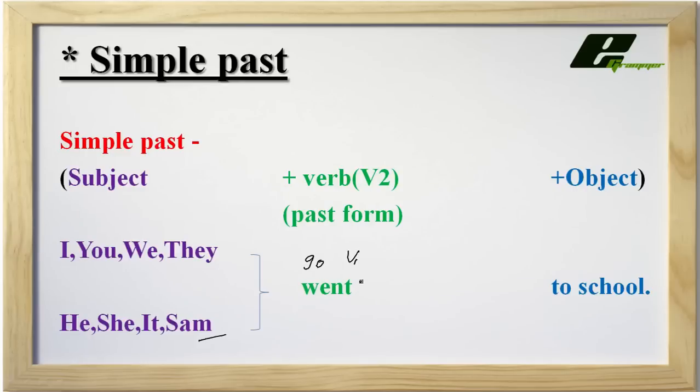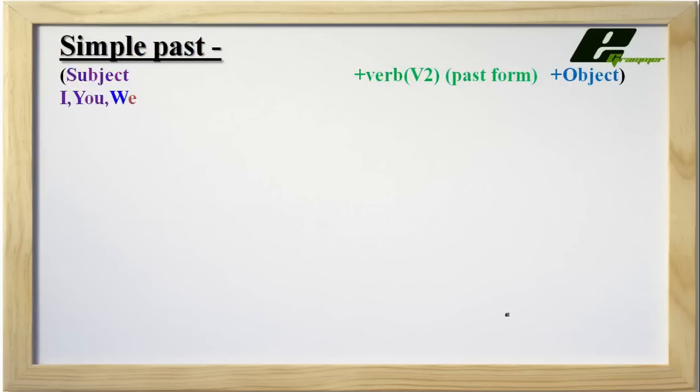Went is the past form, which is known as V2, and then comes gone, which is known as V3. So we are going to use this V2 form, went. The remaining part we will wipe off. So the sentence would sound like this: Sam went to school. Understood?